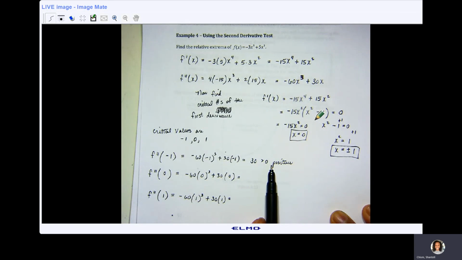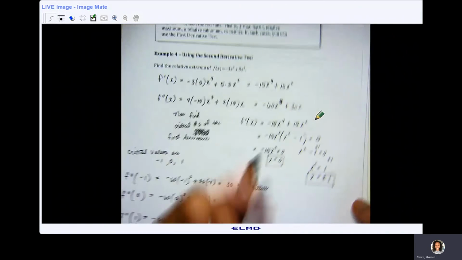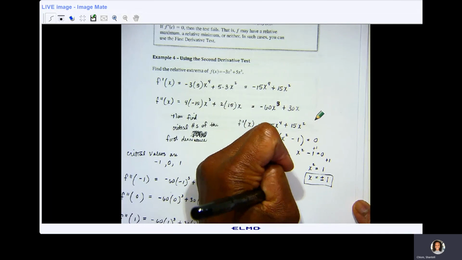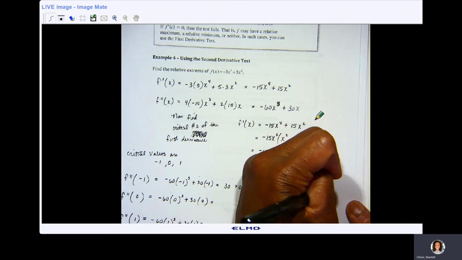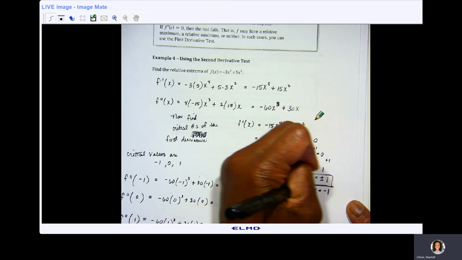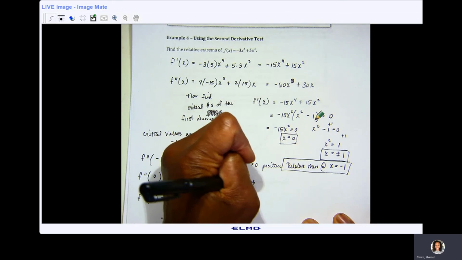which means you have a relative min there. If it's positive, according to the test, then there's a relative min here at x equals negative 1. Here, that's just 0. Test fails.